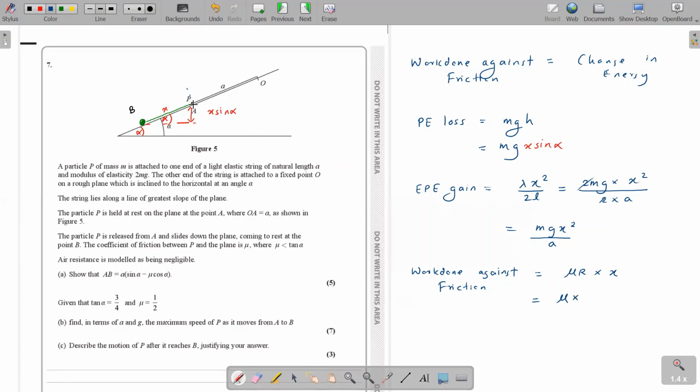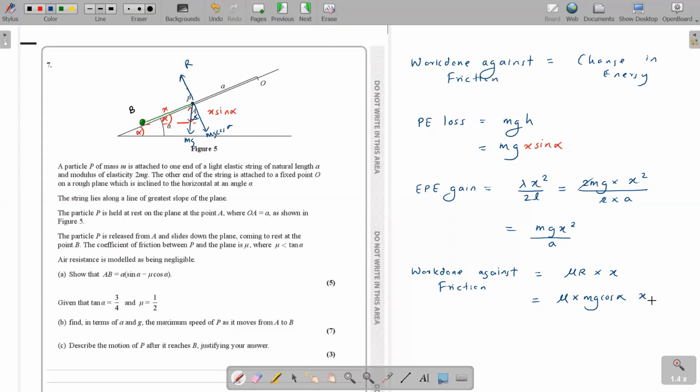R is the normal reaction. Taking components, perpendicular to the plane you have mg cos alpha, which is equal to the normal reaction, as we do not have any other force perpendicular to the plane. So the work done is mu mg cos alpha times x.